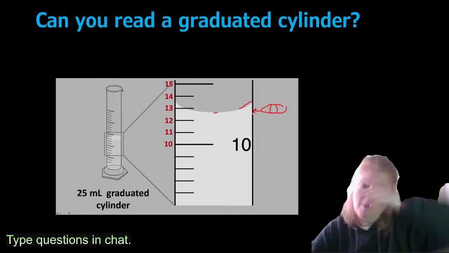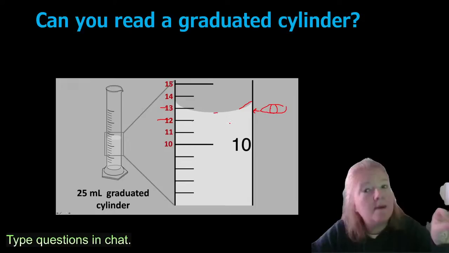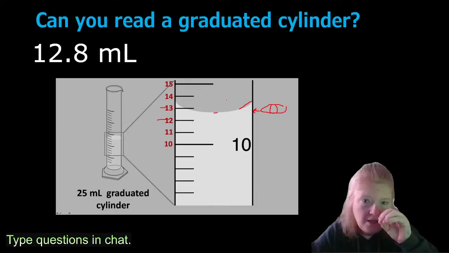Okay, so if this is 12 and this is 13, that means I can estimate one digit between them. Okay, so 12 point something, since it's between 12 and 13. So you kind of have to estimate. Well, it's more than halfway, so I might say, for example, 12.8 milliliters. Okay, so we always have to estimate one additional decimal place.